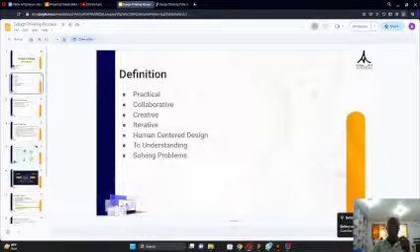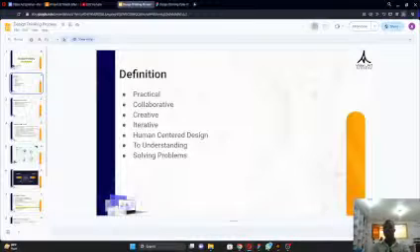Human-centered design, like we said yesterday, is a problem-solving approach to understanding and providing a solution that can help users overcome the challenges they are facing. Putting everything together, it helps you understand and come up with usable solutions that can solve the problems. So we say design thinking process is a practical, collaborative, creative, iterative, human-centered design approach to understanding and solving problems.